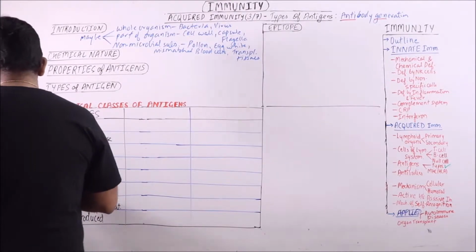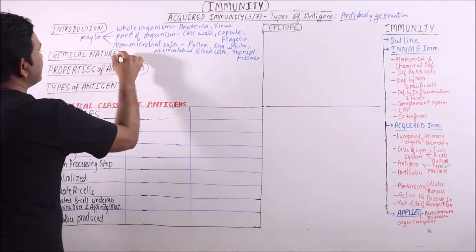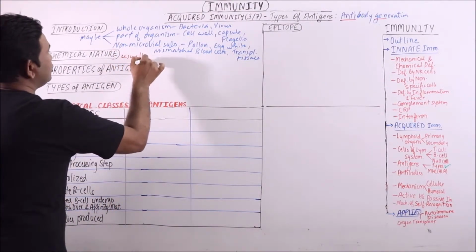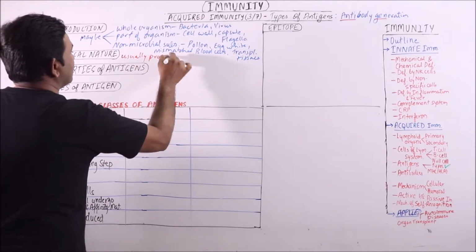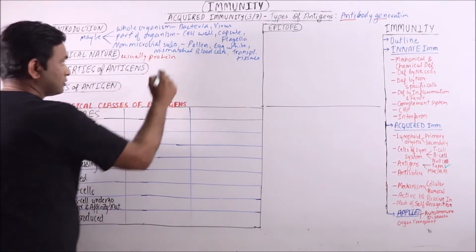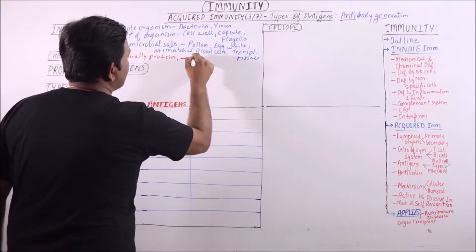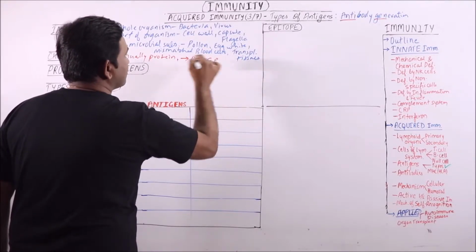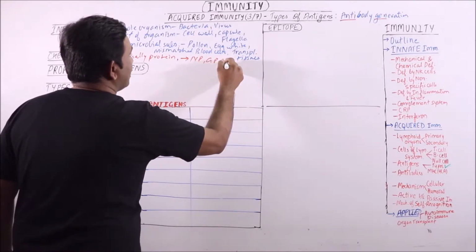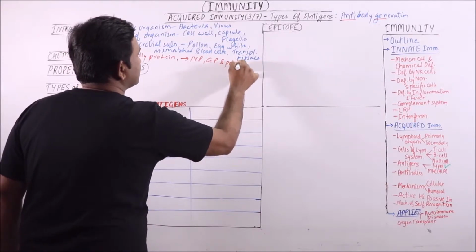Now the chemical nature. Chemical nature is usually protein, but these may be nucleoproteins, glycoproteins, and polysaccharides.